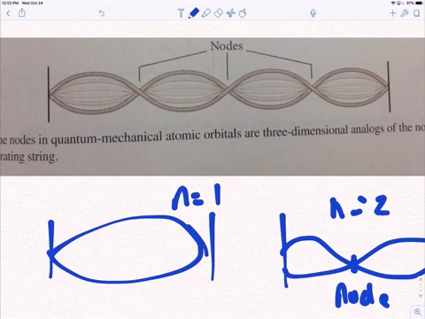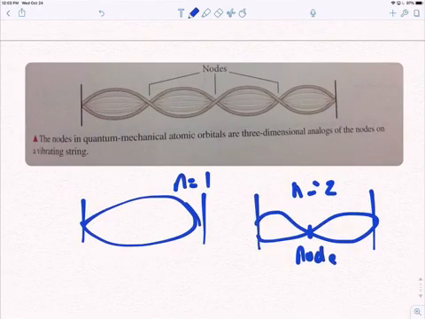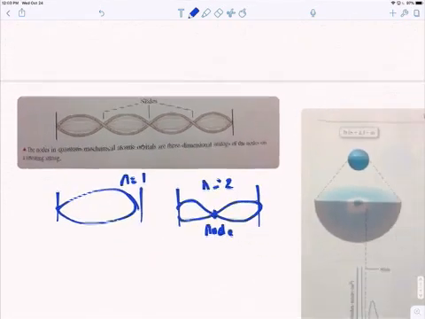If you whip it faster, you can get an area in the center where the rope just sits there. This is called a node. In an electron cloud, a node is an area of zero electron density, a point where the electron is not there whatsoever.